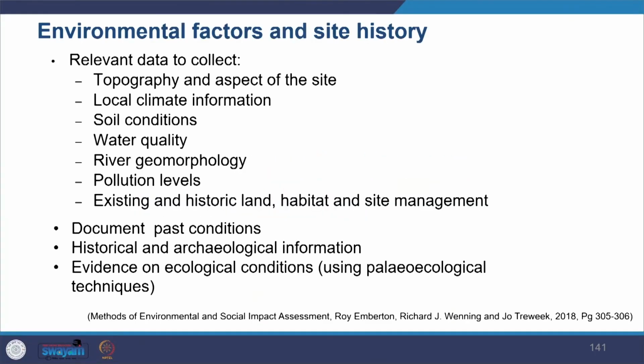So the data which you need to collect includes topography, local climate, soil condition, water quality, river geomorphology, pollution level existing in history, historic land, habitat and site management, how it has been done. And then you need to look at the important documents of the past conditions, historical and archaeological information and all that you need to look at. So these are very important elements.